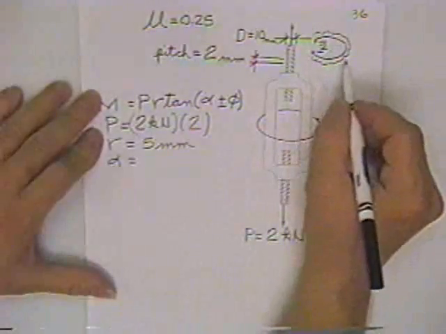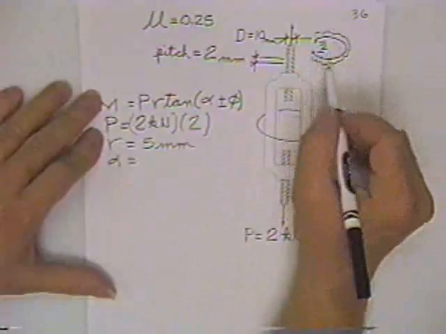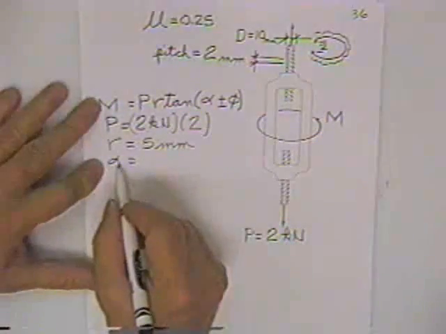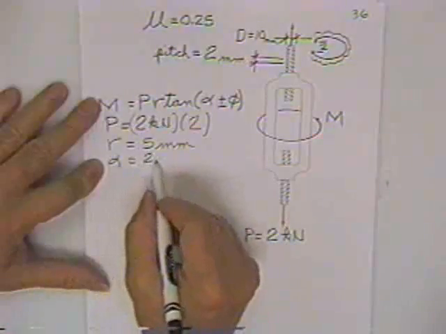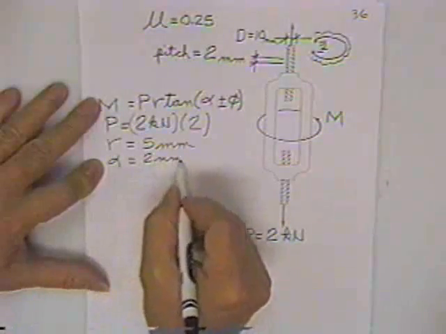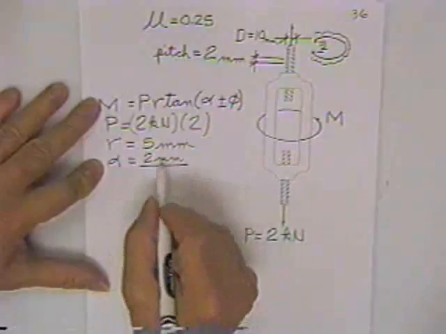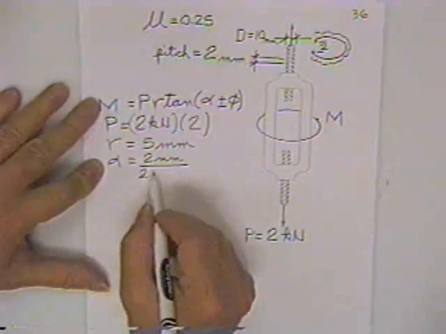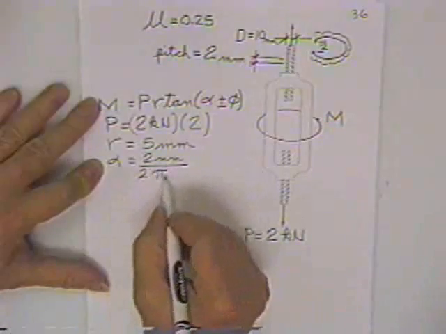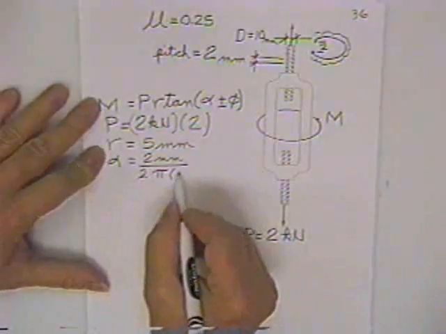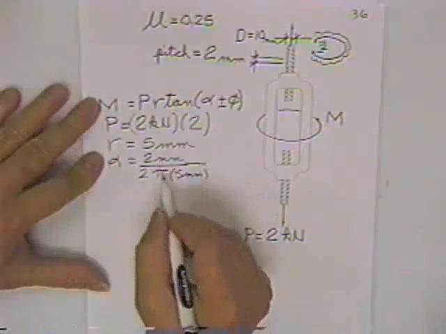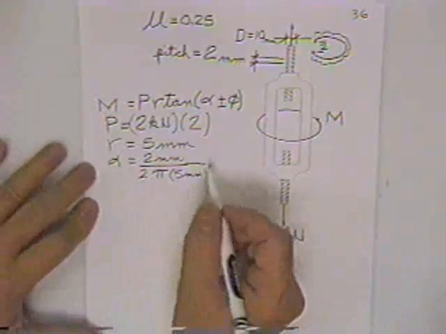The distance around the thread is 2 pi times the radius, or pi d. So this angle is how far it went up, 2 millimeters up in the air, divided by it had to go around this slope to get there, 2 pi times the radius. The radius is 5 millimeters. That's what they call this pitch angle.